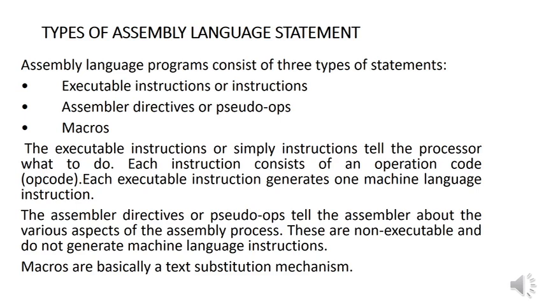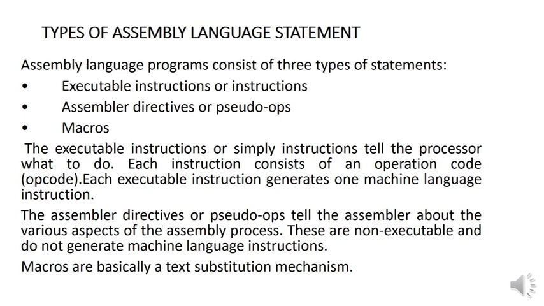They were trying to tell you directly that every executable instruction gives a command to the processor on what to do. And each instruction always contains an opcode, which is the operation code. Executable instructions generate one machine language instruction.